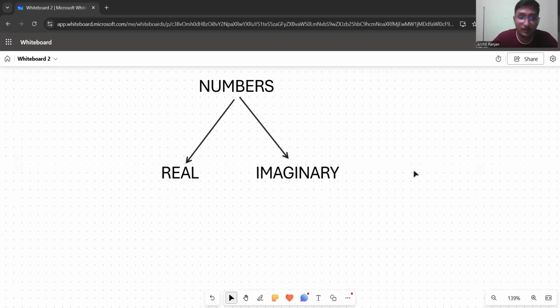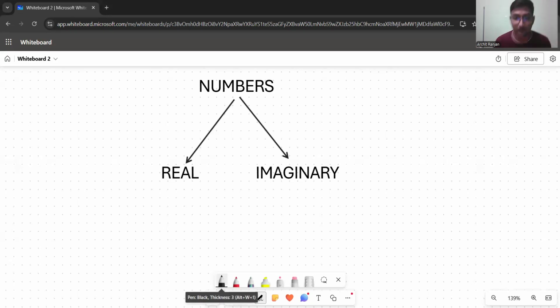And the second part is the imaginary number. So the imaginary number is basically something that does not have a real meaning. It basically came from, for example, if we say that under root of 4 is 2.